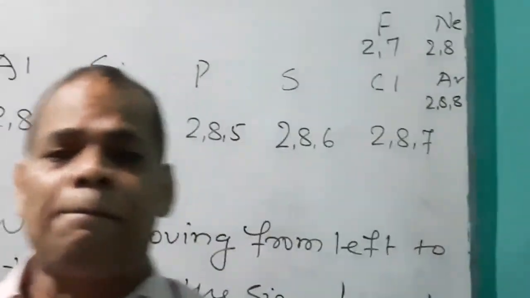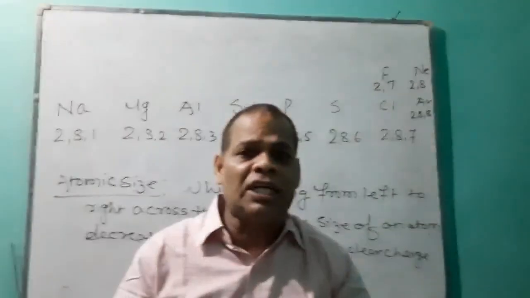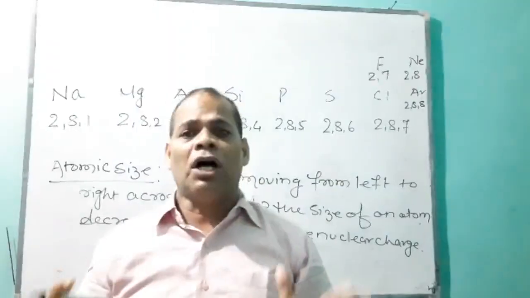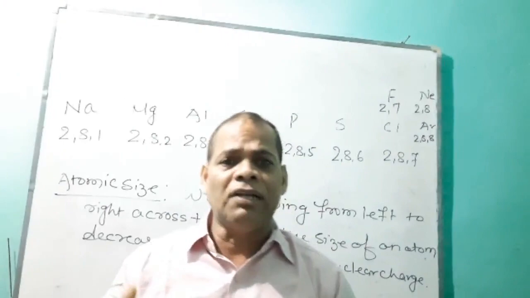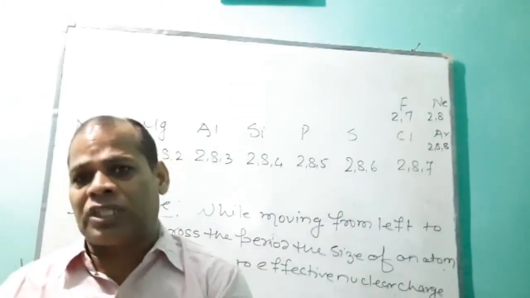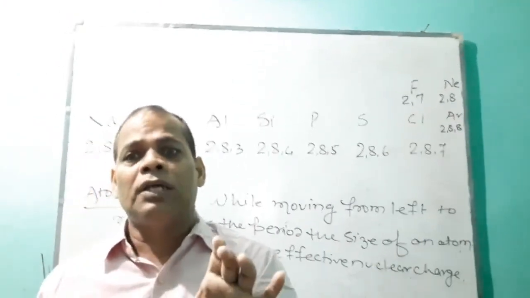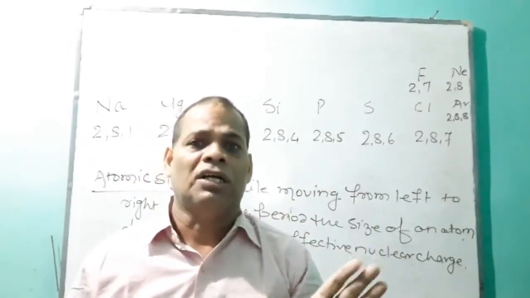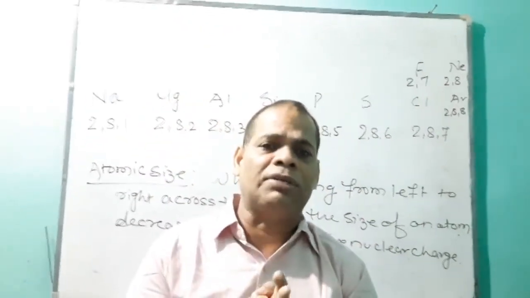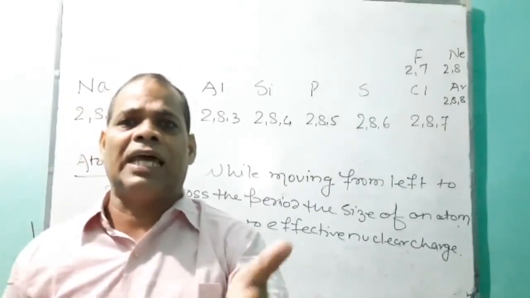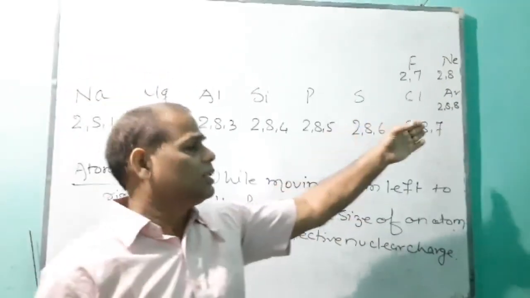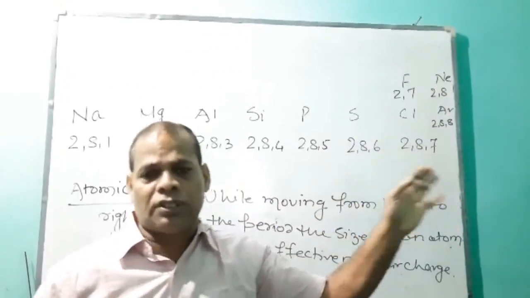So why did it happen? Due to its structure stability, because it has a completely filled outermost shell. That is called structure stability. Due to its structure stability, inert gases have a bigger size as compared to the halogen family.